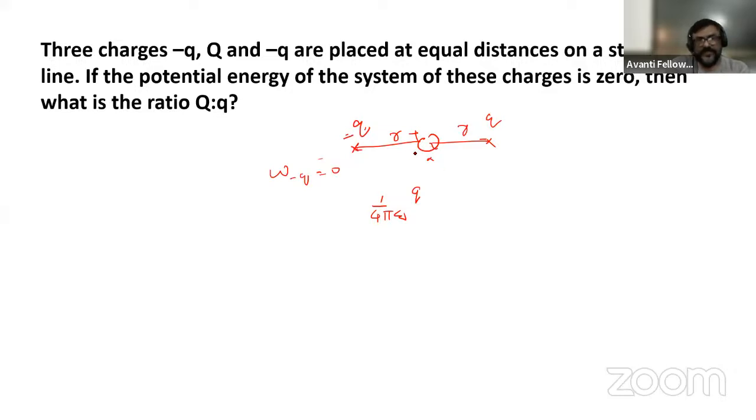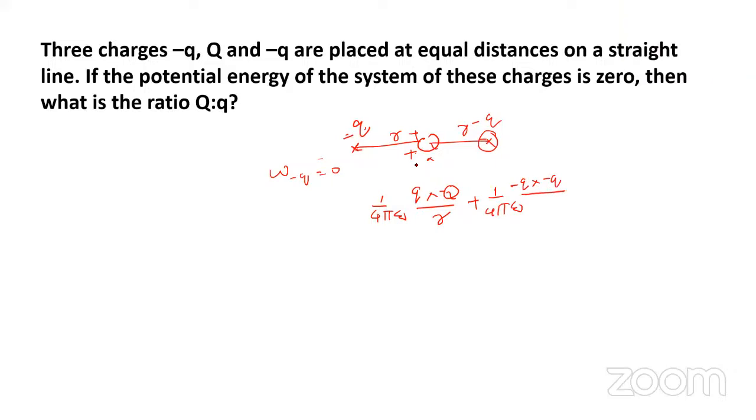Then I am bringing the positive q. So work done will be 1 by 4 pi epsilon 0 q into negative q divided by r, plus what about when you bring this negative q? What will be the work done to bring this negative q now? That will be equal to 1 by 4 pi epsilon 0 into negative q into negative q divided by, what is the distance of this negative q from negative q?